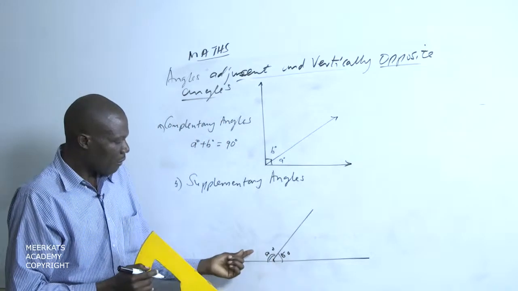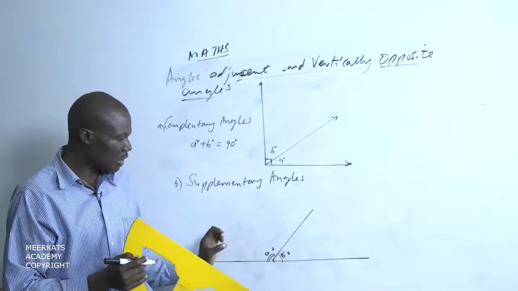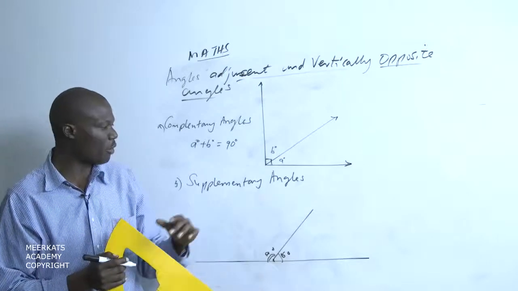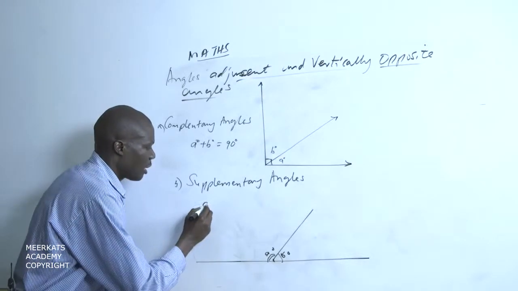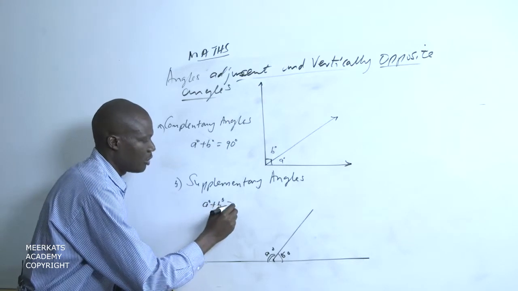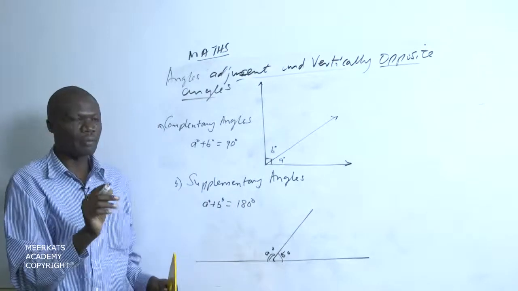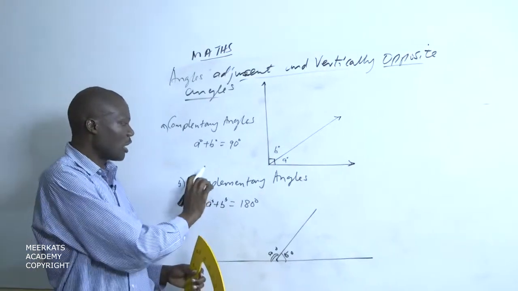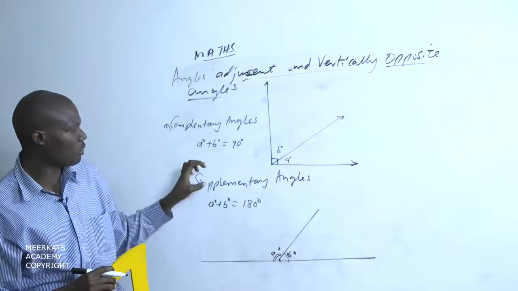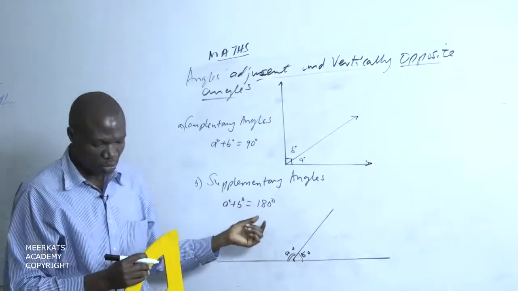However, when you add A to B, you realize that they form a straight line. Therefore, angle A and angle B add together to form 180 degrees, so the two angles are called supplementary angles. A and B is a pair of supplementary angles because they add up to 180 degrees.